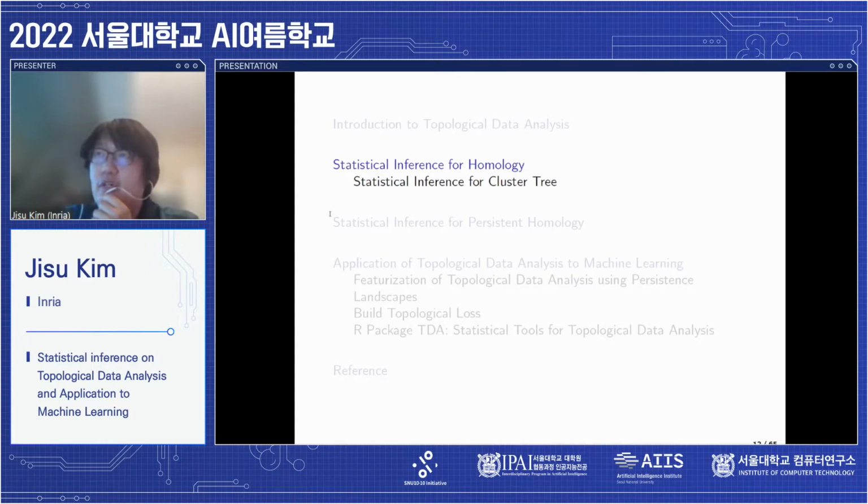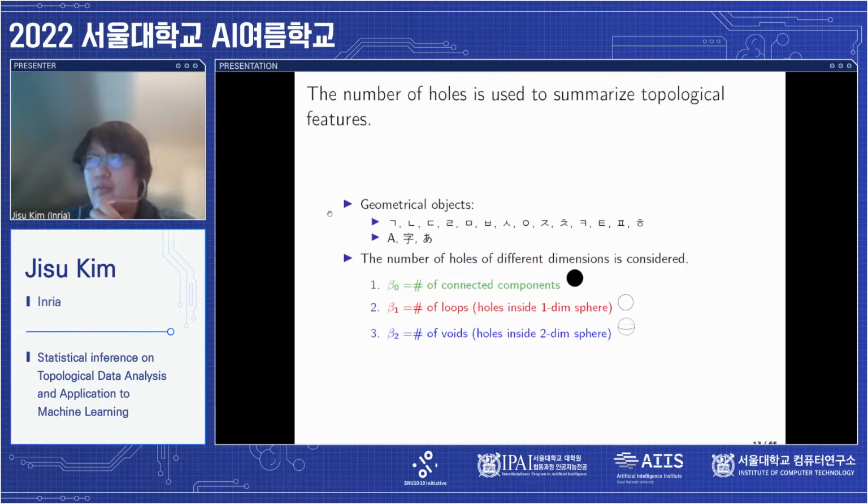Now, at first, I will introduce what homology is, and I'll introduce how the statistical inference can be done on that. So for homology, you can just think of how you are classifying the data according to its topology.